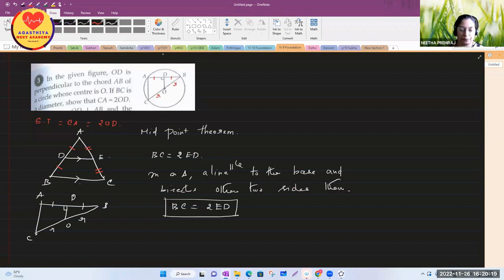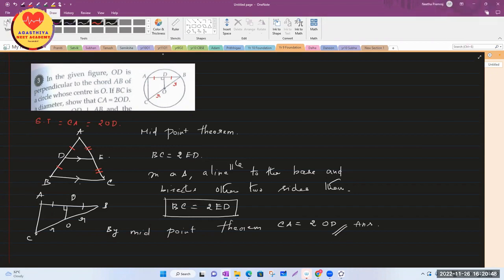So we can apply midpoint theorem. So how do you write? By midpoint theorem, CA is equal to 2 times of OD. That's it. So you should know what is midpoint theorem. Then you can easily solve it. Guys, have you understood? Yes, ma'am. Make a note of it.